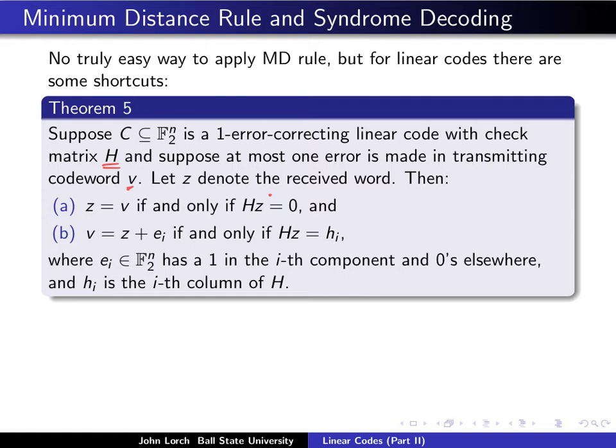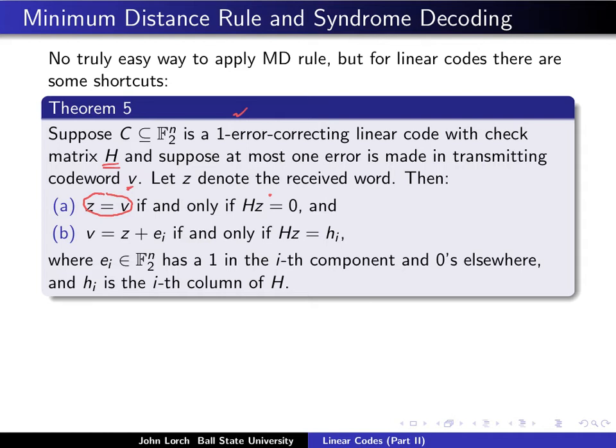So that would mean the distance between code words Z and V would be equal to 1. But that is impossible because our code is one-error correcting. That means that the minimum distance between distinct code words must be 3 or larger. Therefore, if H times Z is equal to 0, then Z must be equal to V.